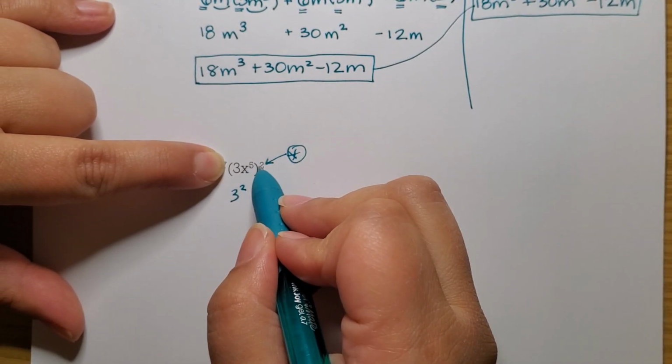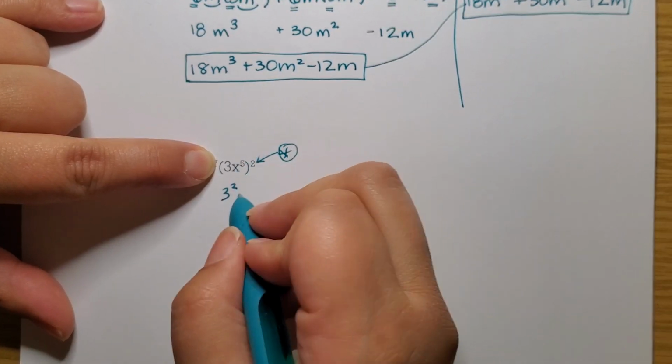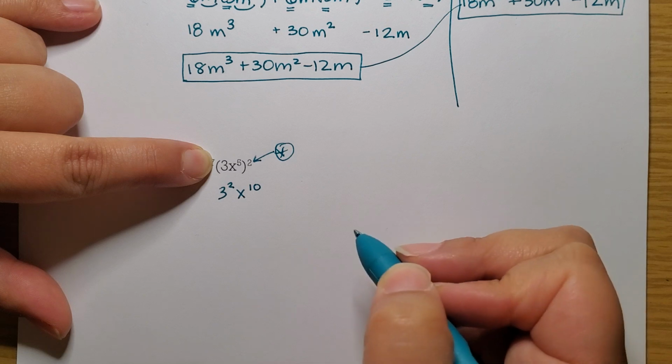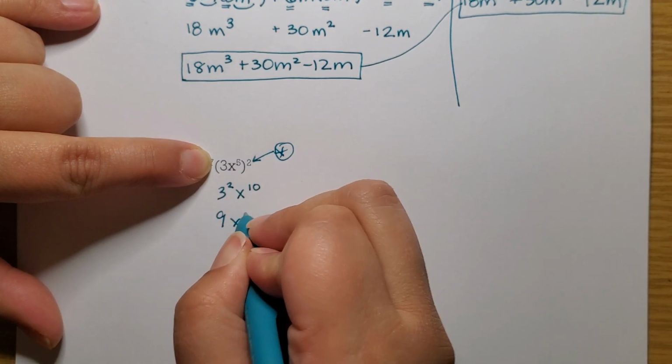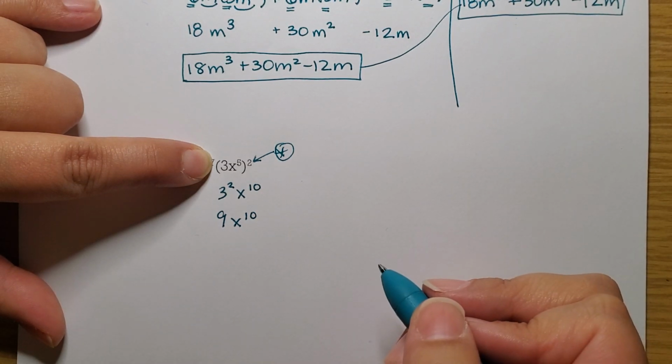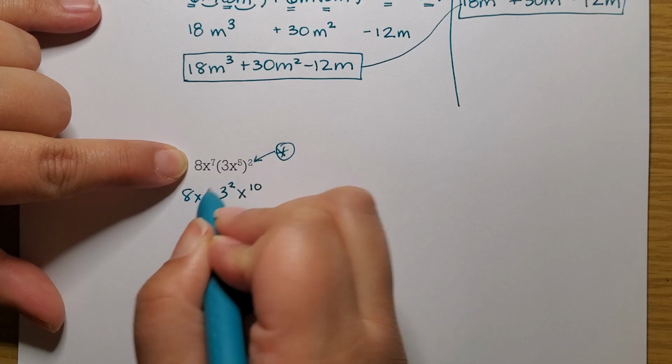And then when I have a power to a power, I multiply the powers. So 5 times 2 is 10. Now, 3 squared is the same as 9, so I can write it like that. In front of that, I have this 8x to the 7th.